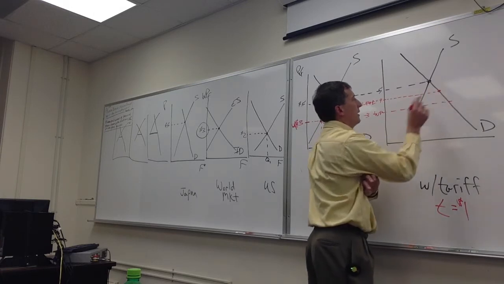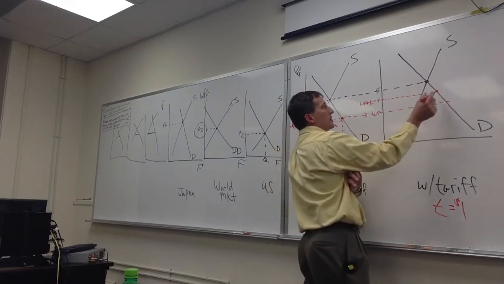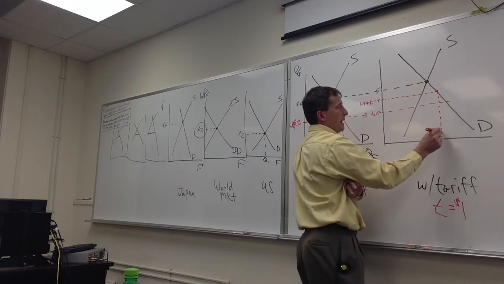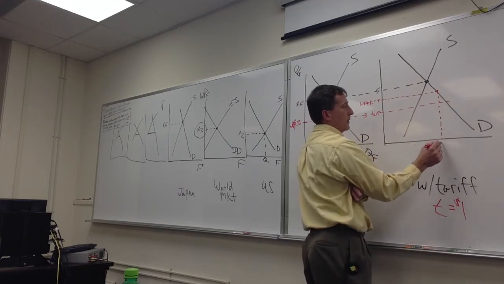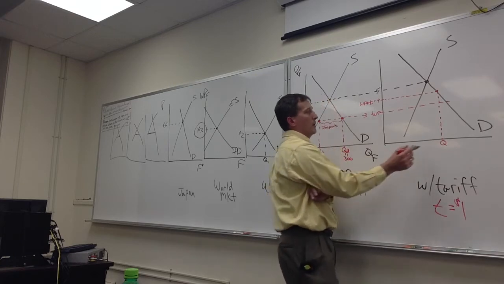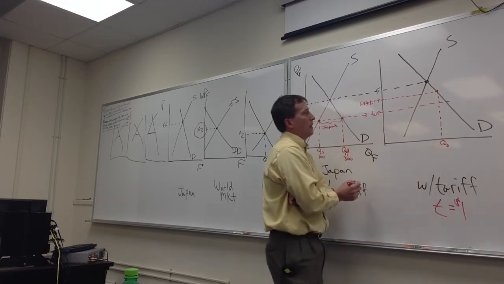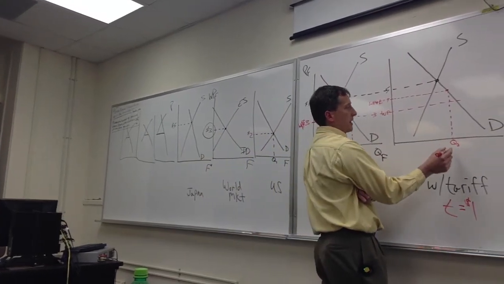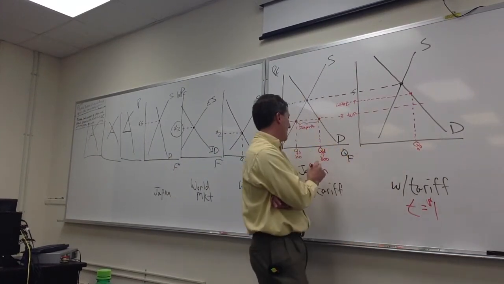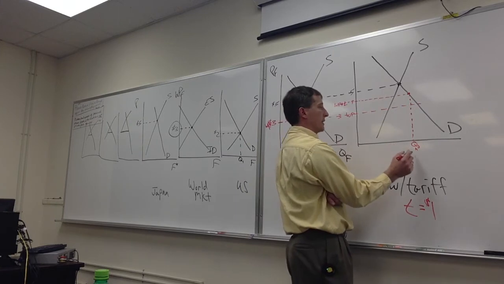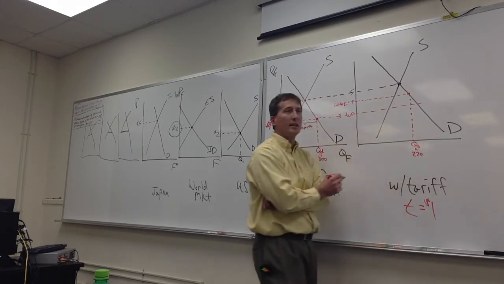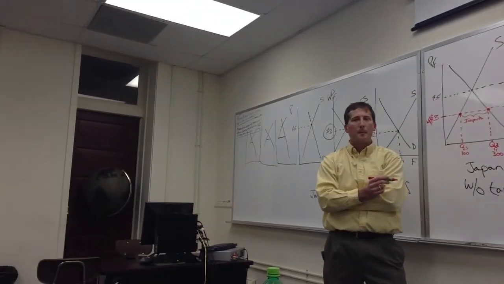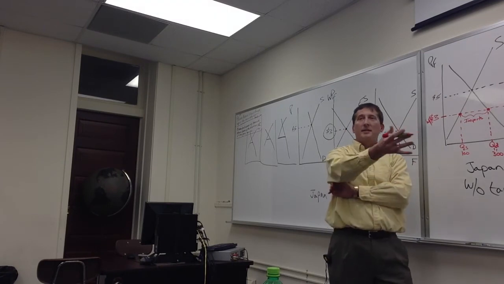And consumers are going to buy less than what they did before. Just to help motivate things, I'll cut back their consumption by 30 units. Let's just say they go down to 270. Higher prices, we buy less.